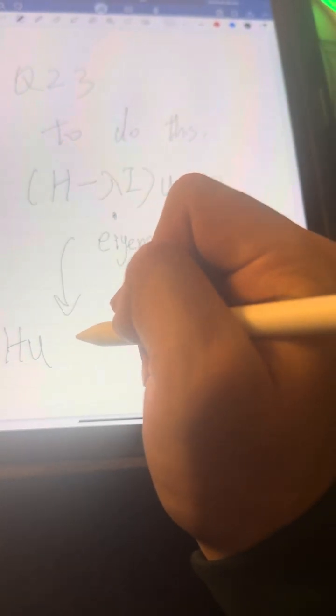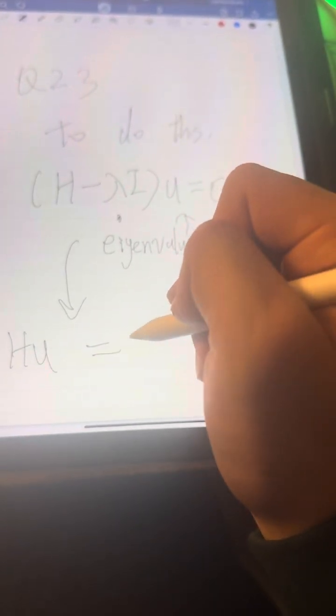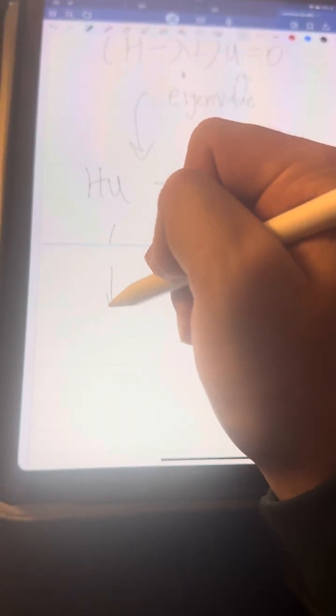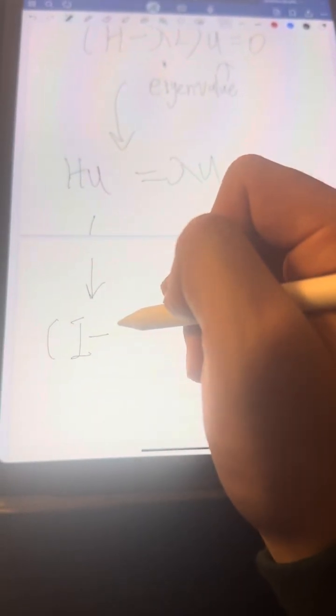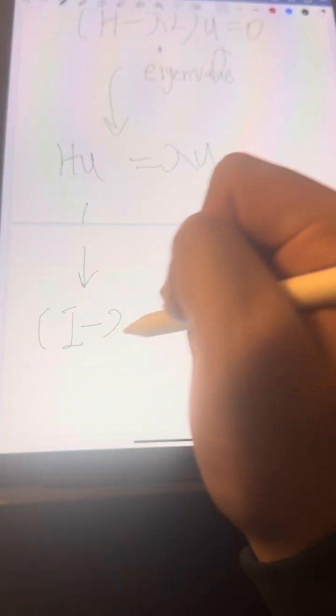And this equation is going to be H U equals lambda U, right? Now we take H to its expression.